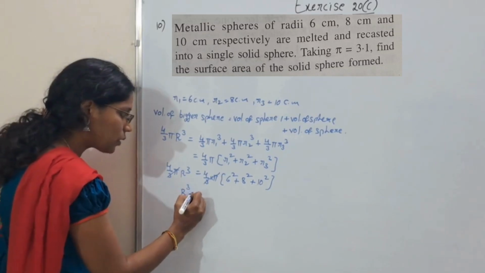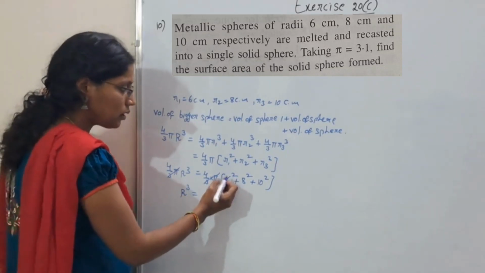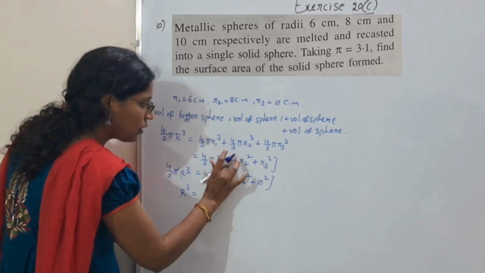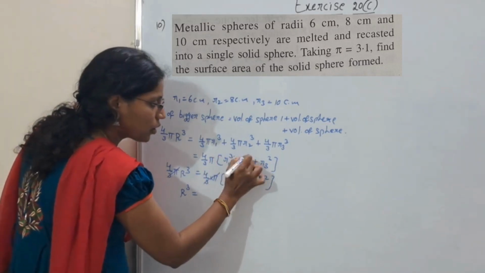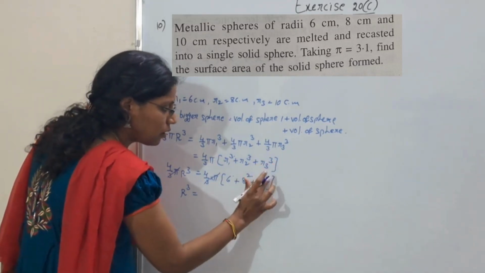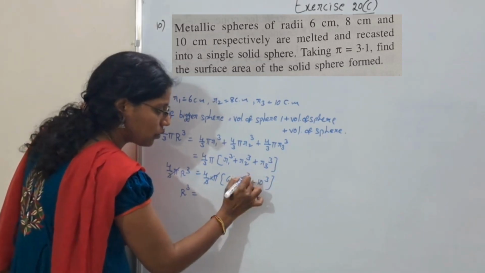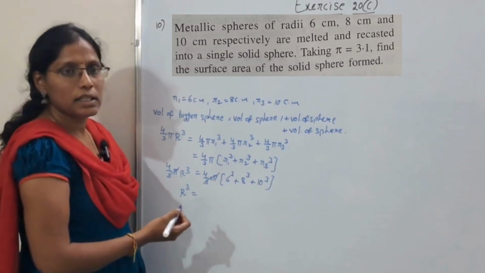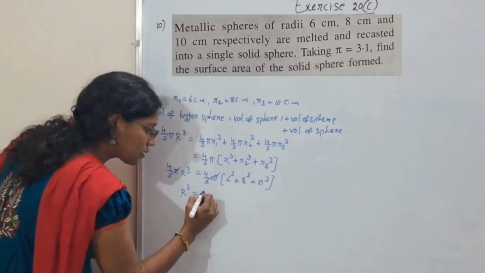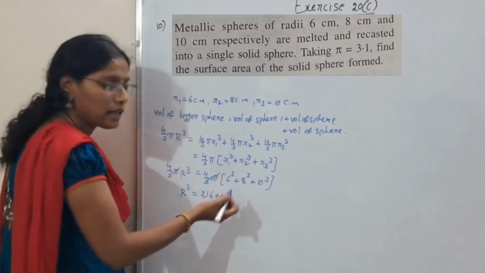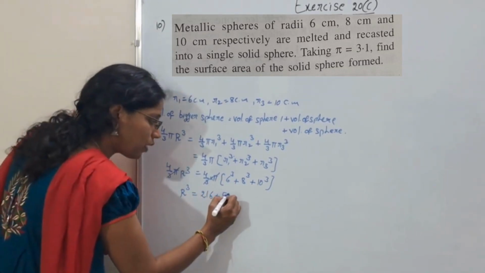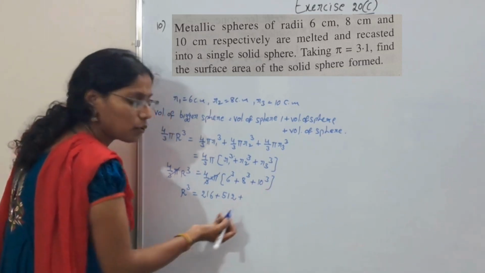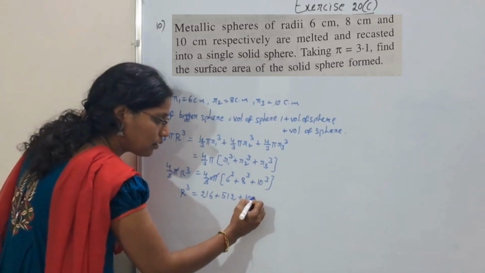Remaining R cube equals 6 cube, 6 into 6 into 6, 216, plus 8 into 8 into 8, 512, plus 10 into 10 into 10, 1000.